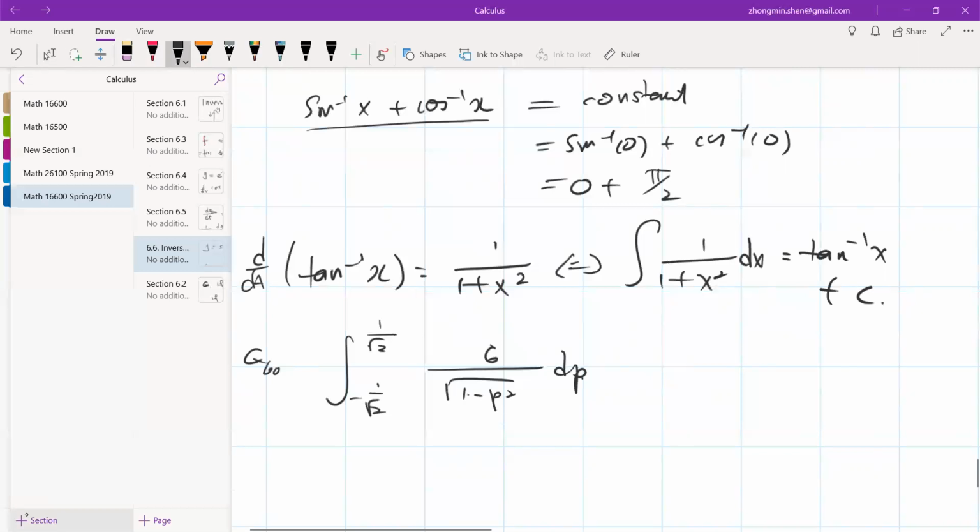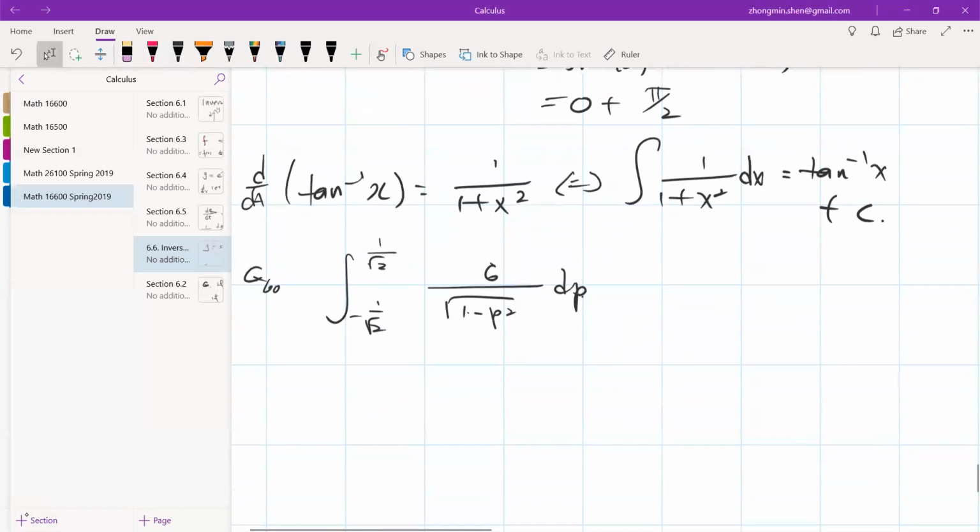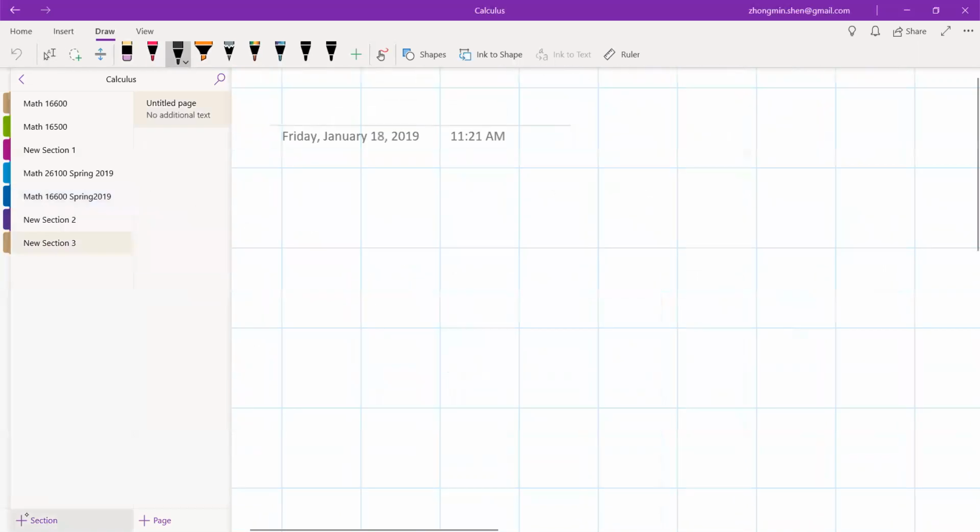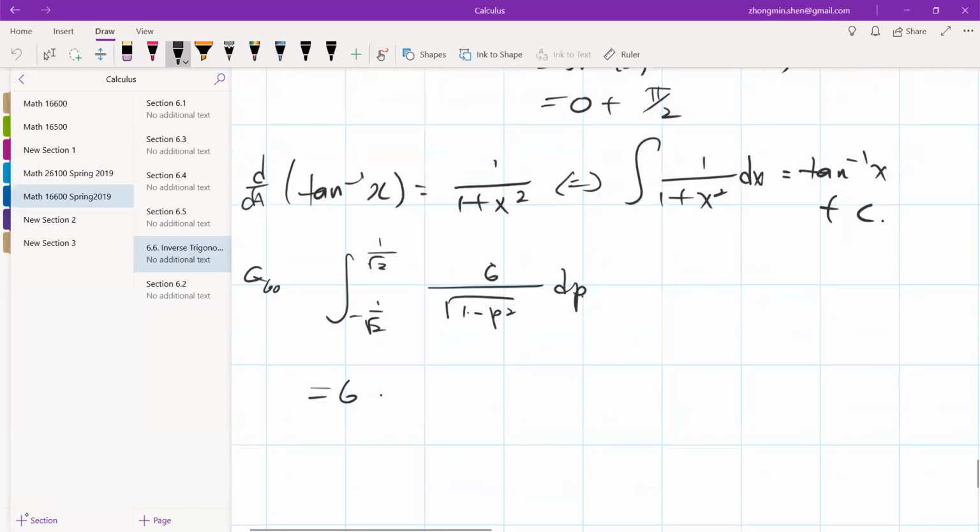This is an integral. So the antiderivative of this function is going to be arcsine, and evaluate at the 2 endpoints.